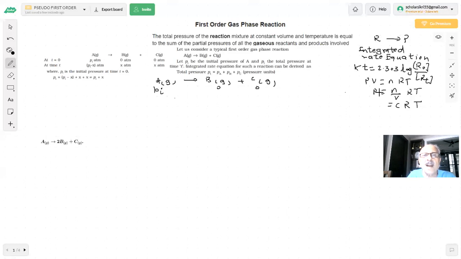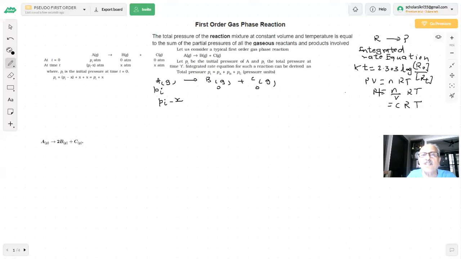If I say Pi minus X, according to the stoichiometry of the reaction, if X is the decrease in pressure, then what is the pressure of the B gas?